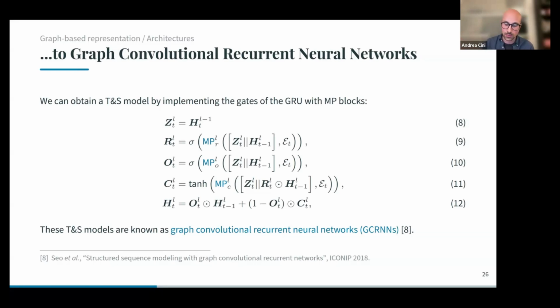So we use this network to update the states of the cell at each time step by reading information at neighbors. And these kinds of time and space models are known as graph convolutional recurrent neural networks.